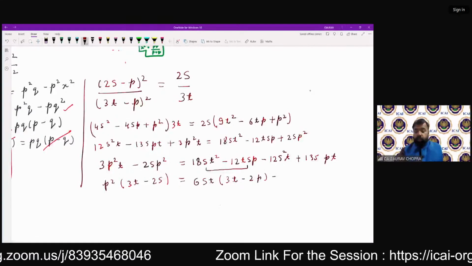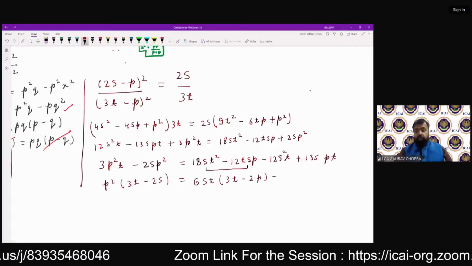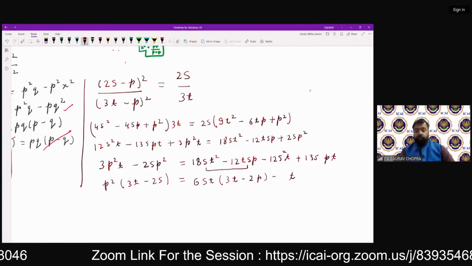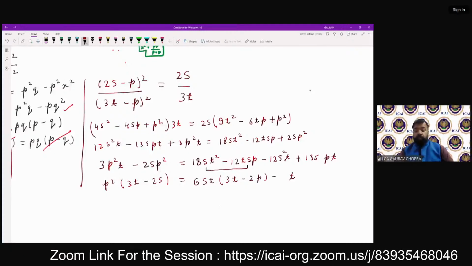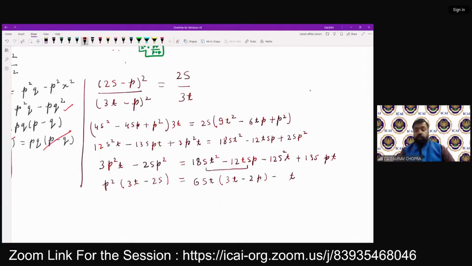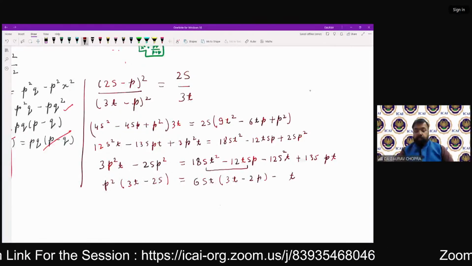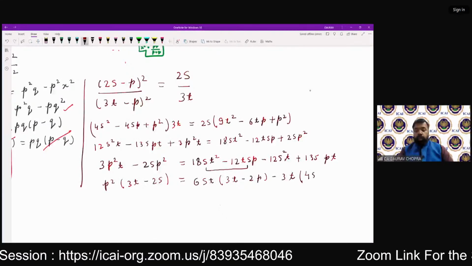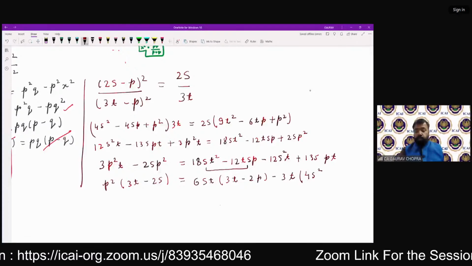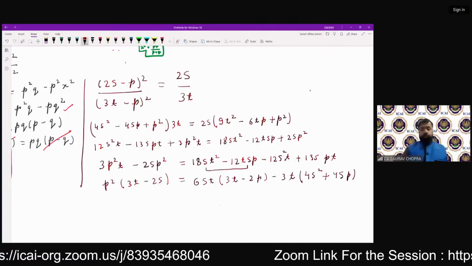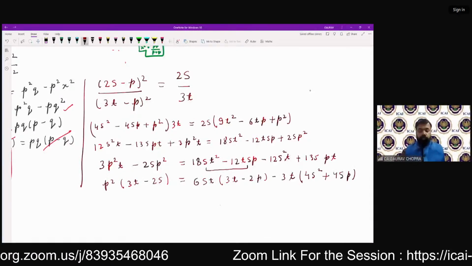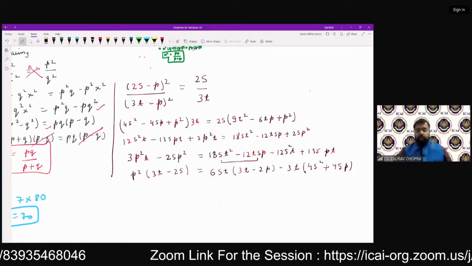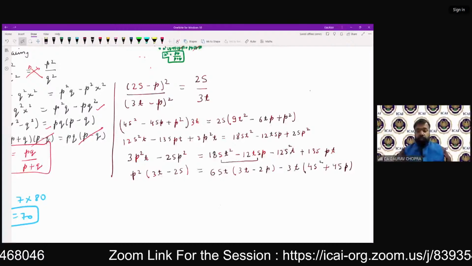Yes, so t is common. You can take t common, and 12 and 135 are there. According to 3, you can take 3 common. So it will be 3t. What is left: 4s square plus 45p. Now you have to see what we can cancel. If something can be cancelled, then we cancel it.